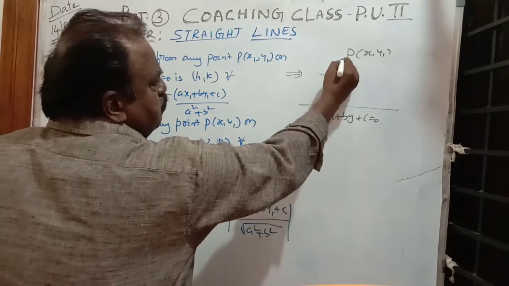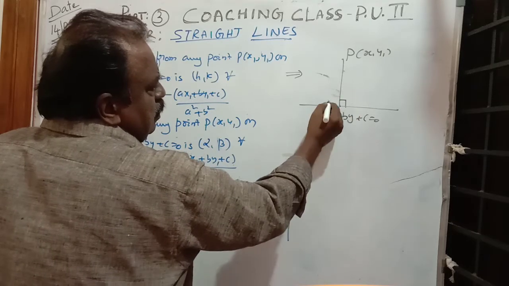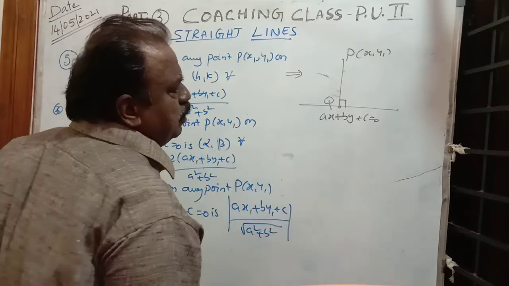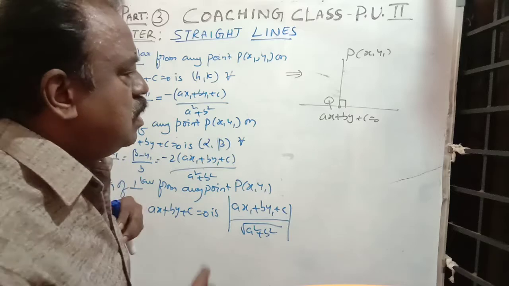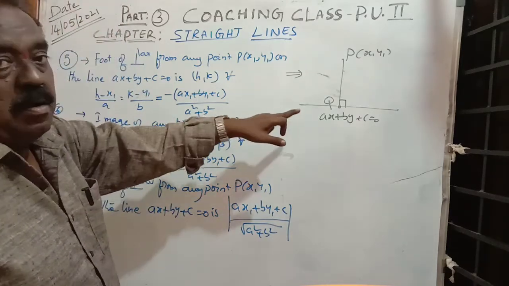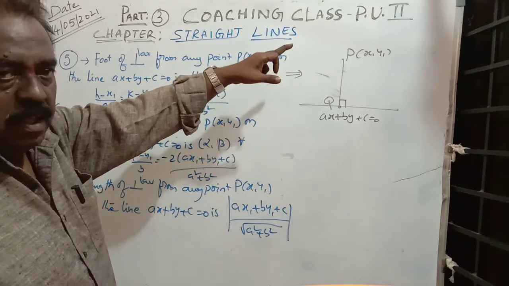From the point P, if you draw a perpendicular, let the foot of the perpendicular be Q. What are the coordinates of the foot of the perpendicular drawn from the point P?